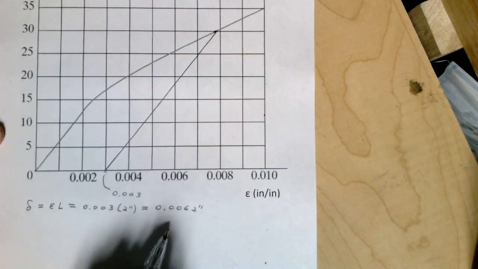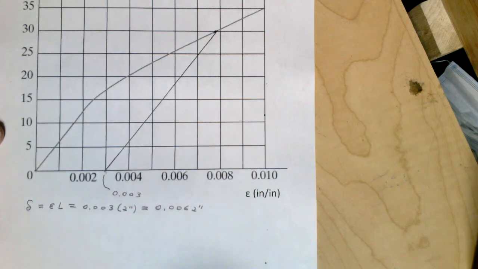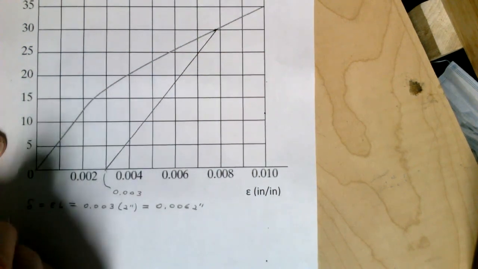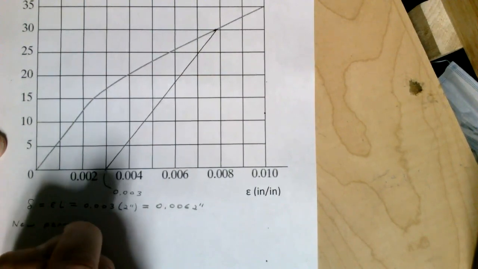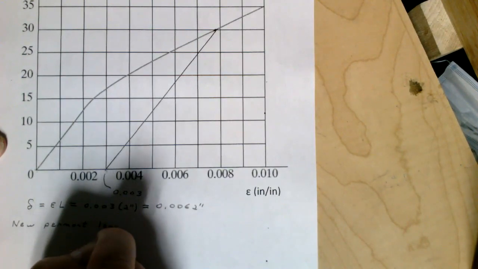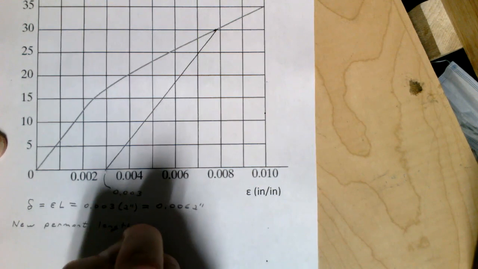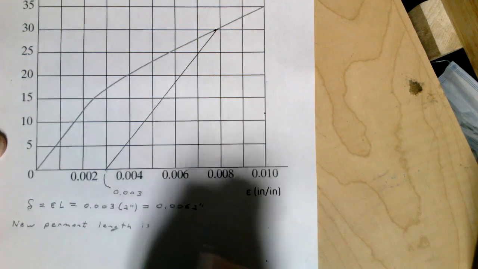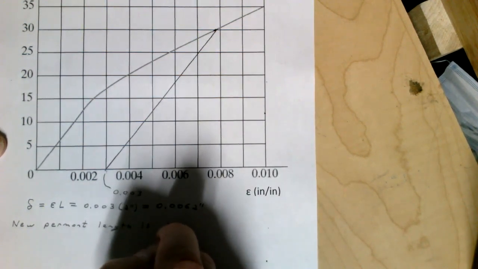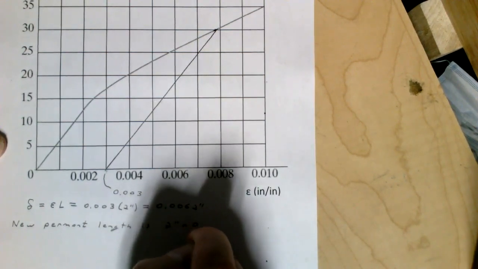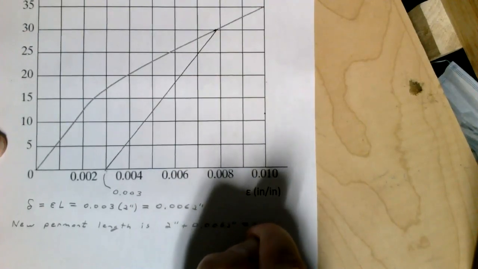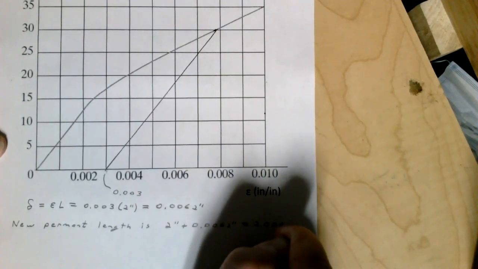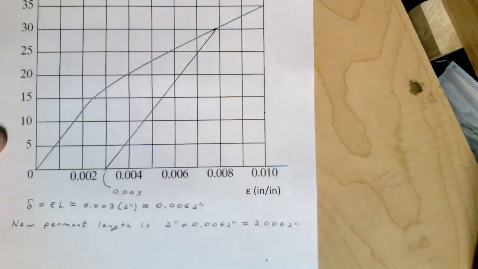So that's going to be the permanent deformation. That means the new permanent length is going to be your original 2 inches plus 0.0062, which is 2.0062 inches.